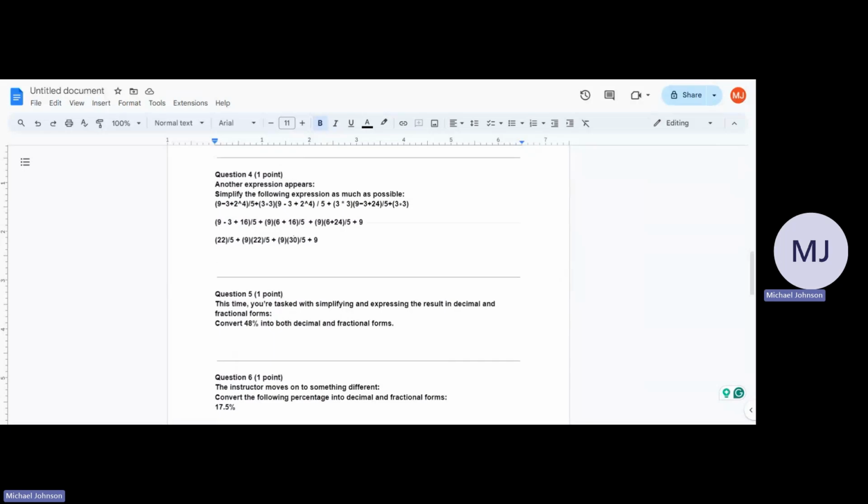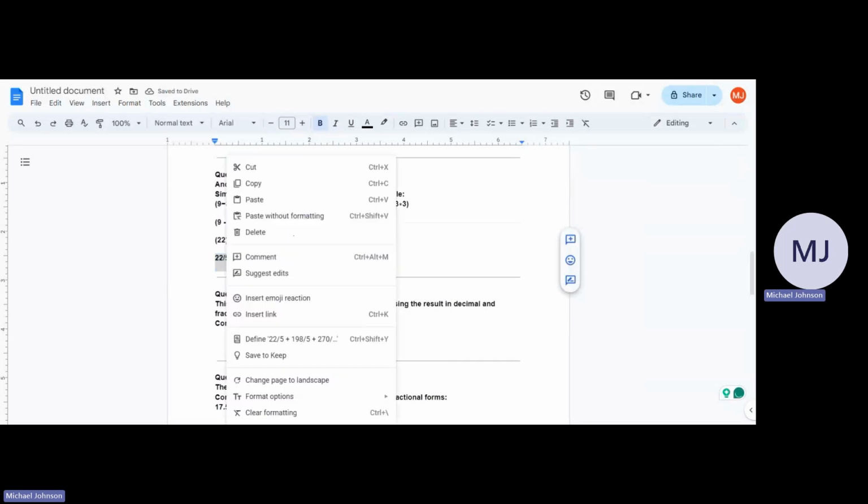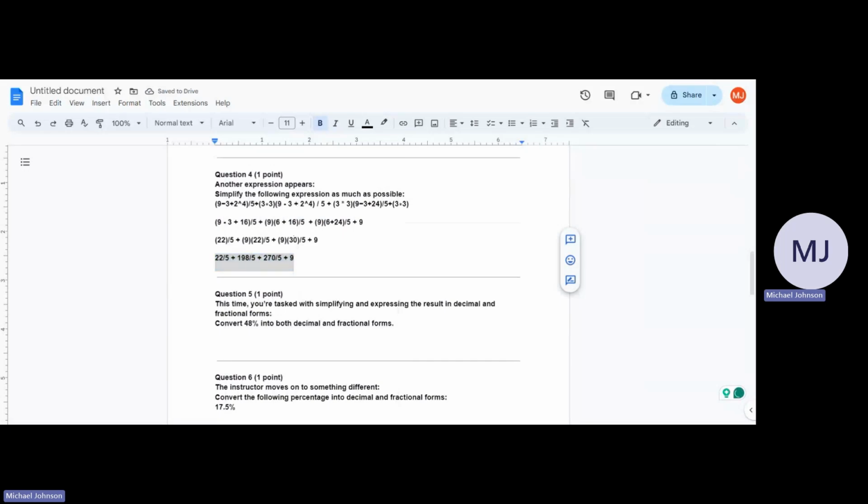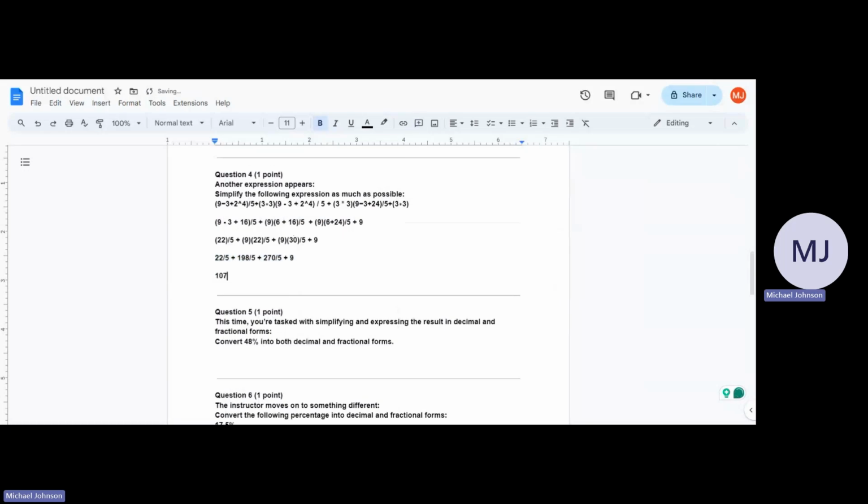That is going to be 198. So 198 divided by 5. And then 9 times 30 is going to be 270, divided by 5 plus 9. Then we put it in the calculator here, and we would get 107. So that's how you do that one.